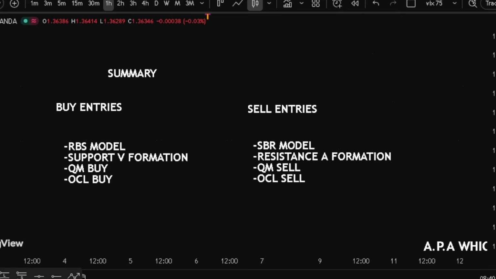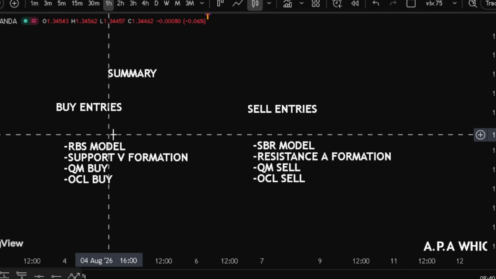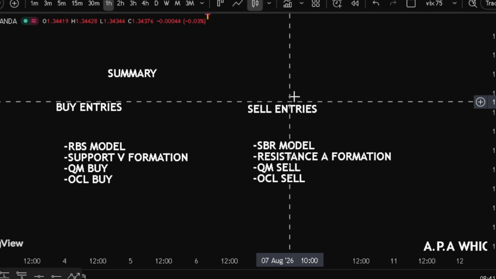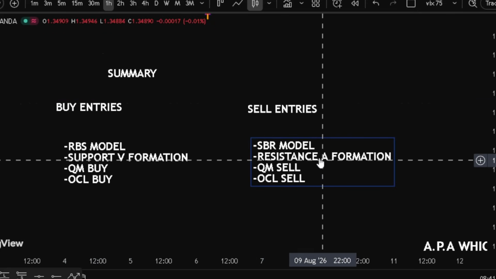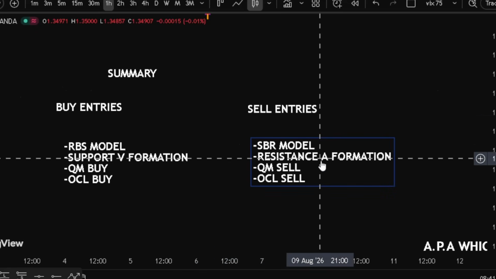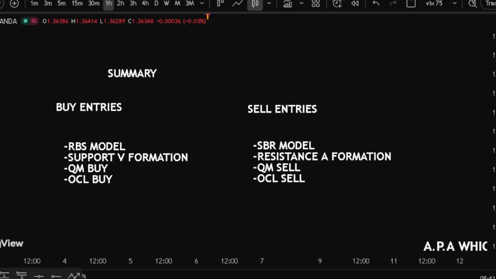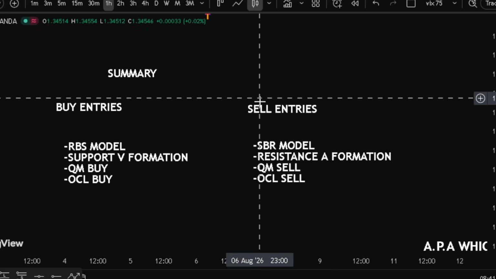So now whenever price is in your key level, let's say the market is bullish, you want to use the buy entry models. And now when the price is selling, you want to use the sell entry models. Always trade in the direction of your higher time frame. Like let's say you are using the 1 hour time frame as your higher time frame.